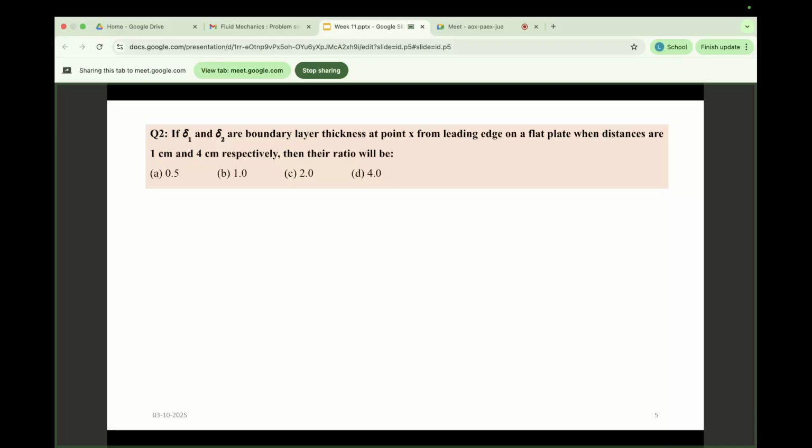You are asked to find the ratio delta 1 is to delta 2. I hope that maybe you haven't known this formula of boundary layer thickness, right? Yes or no? Please inform me.